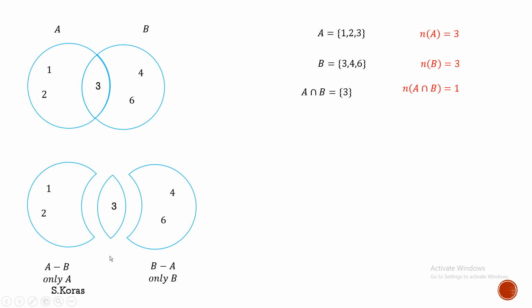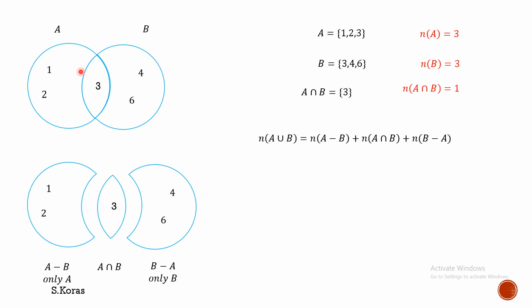So now we have split the set A union B into three disjoint sets, that is only A, only B, and A intersection B. Now let's go to the formula. We have to find n of A union B, the total number of elements in the A union B set.